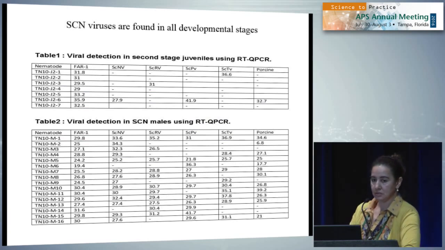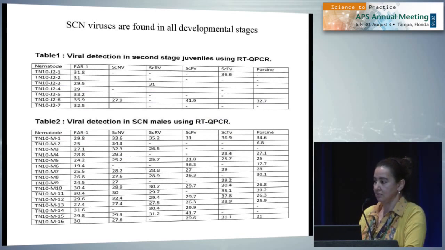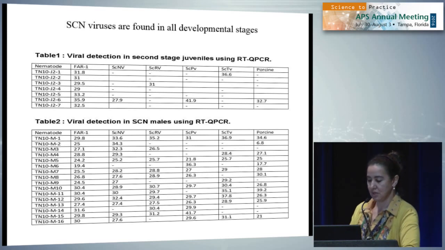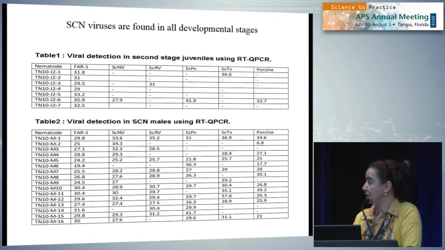One of the interesting studies that we want to do is to know whether those viruses are present in all nematode stages. So we did some RT-qPCR from different juveniles. The table on the top shows some sporadic viruses on juveniles, and then the table below is from male nematodes.